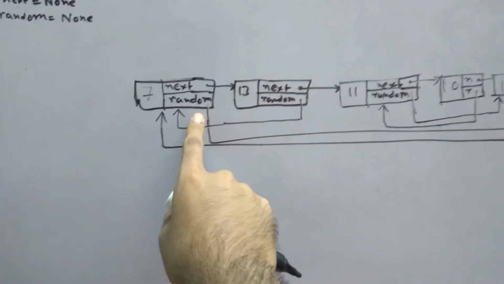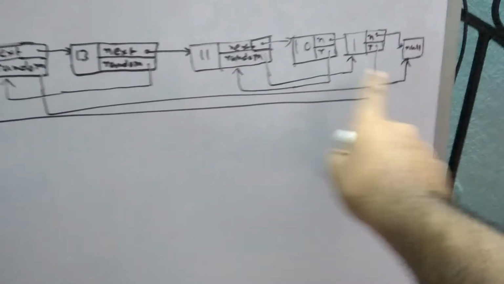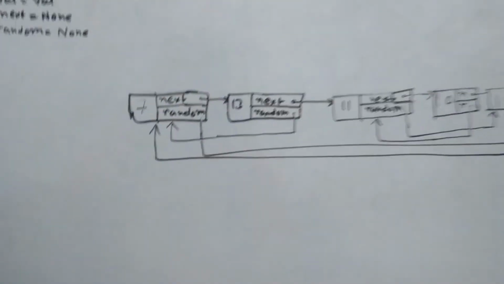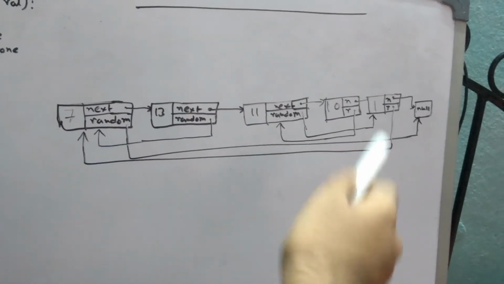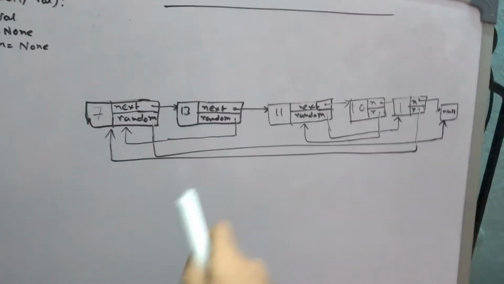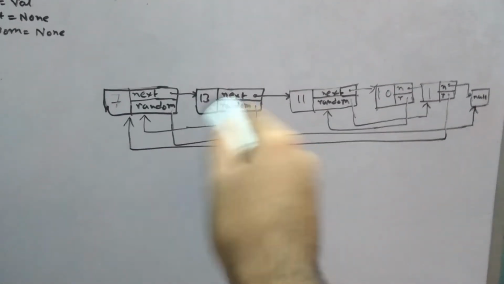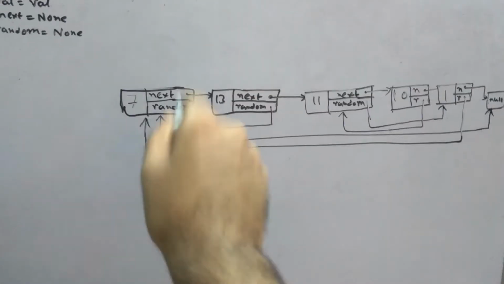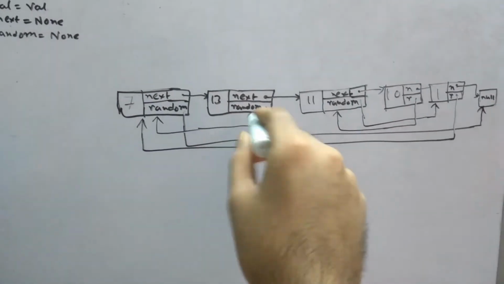For this example, 7.random is pointing to null, and 13.random is pointing to 7. Every node's random has to point to either null or some other node in this linked list. It cannot point to any other list. For each node, the random pointer can point to null or any other node in this linked list.